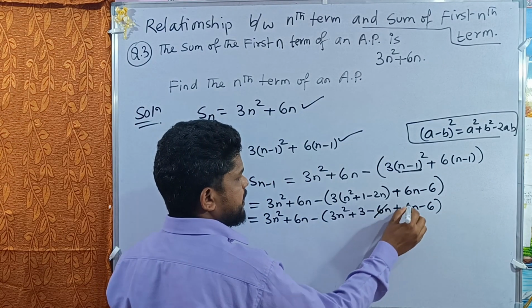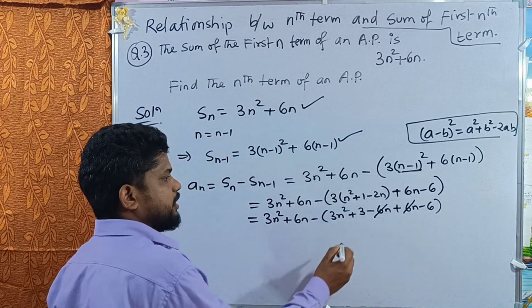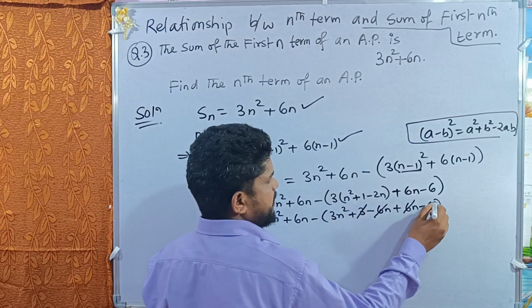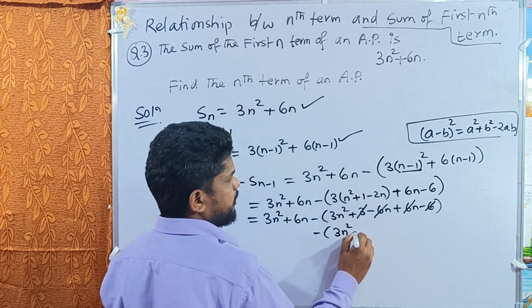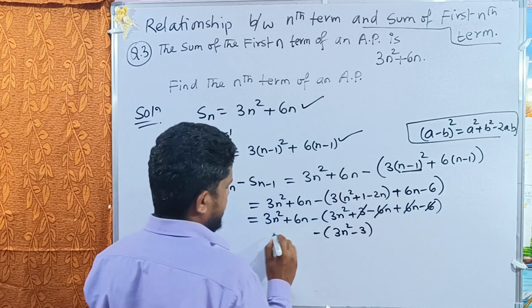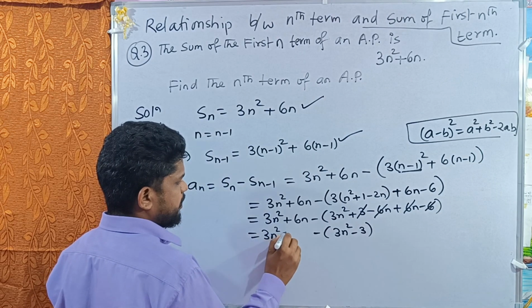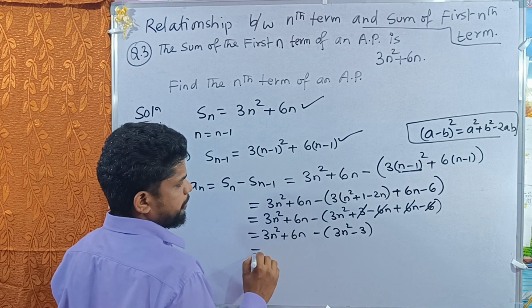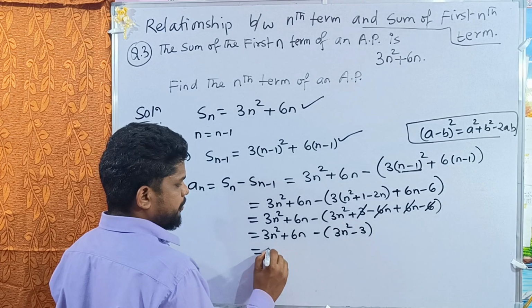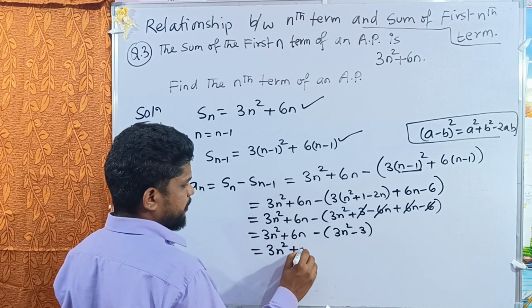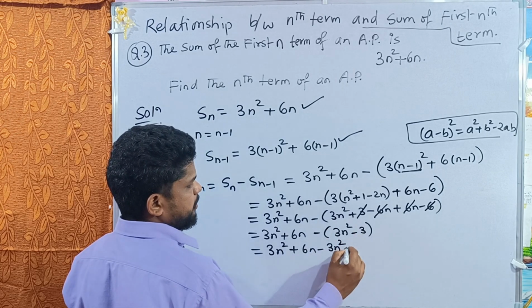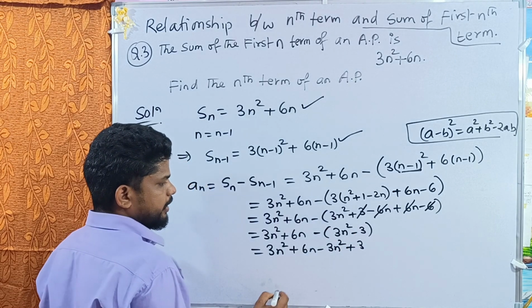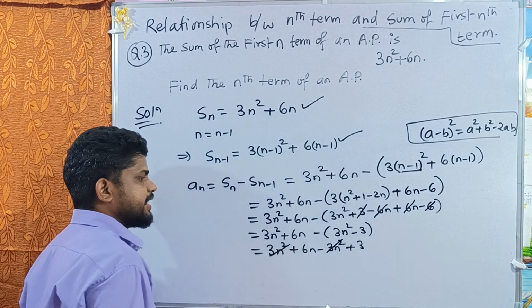This and this will get cancelled out. 3 minus 6 is minus 3, so we write 3n² − 3. Here we have 3n² + 6n. Opening the bracket, we get 3n² + 6n − 3n² + 3, since minus into minus is plus. The 3n² terms get cancelled out.